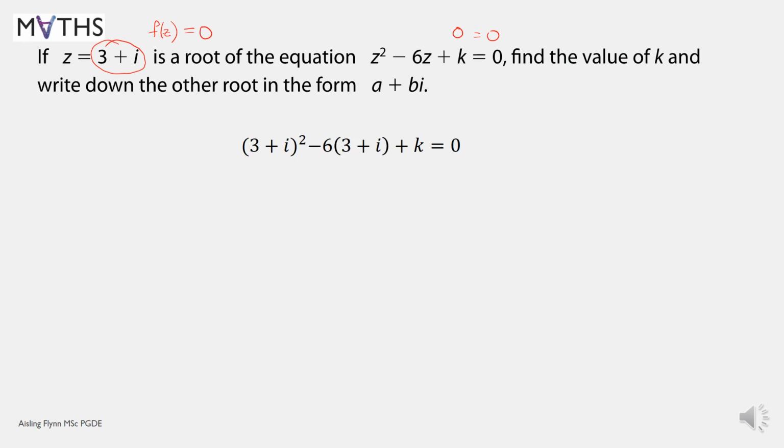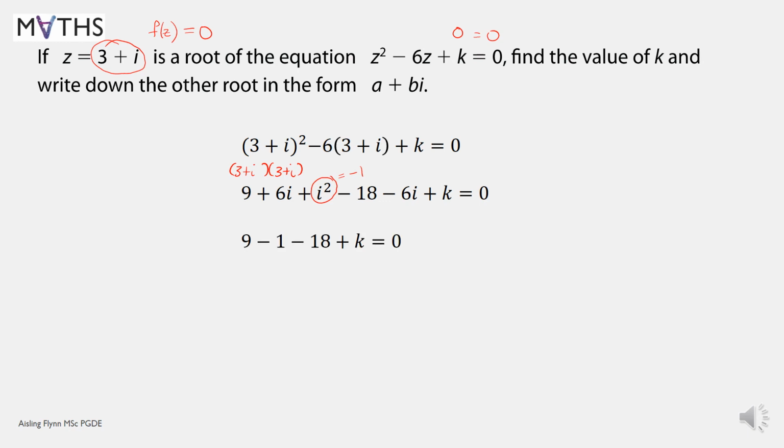Substituting for every place you had z in the equation, you put 3 plus i. Now multiplying that out, I often write the two brackets beside each other so I don't miss the middle term. Pause if you need to work it out for yourself. I'm going to circle i squared because we know that can be replaced by minus 1.